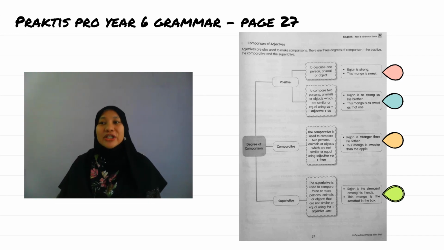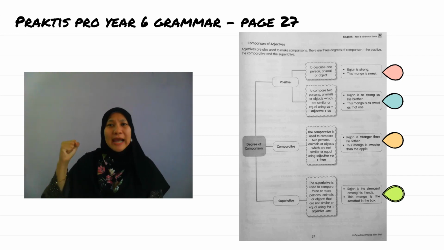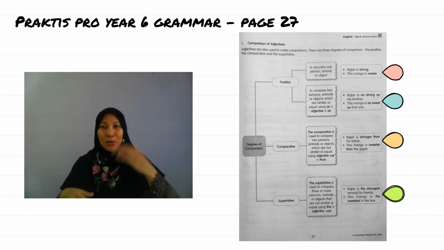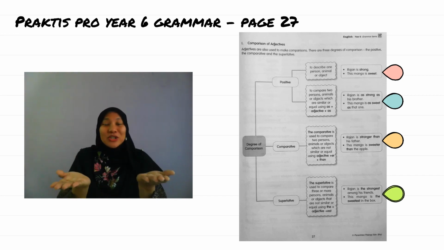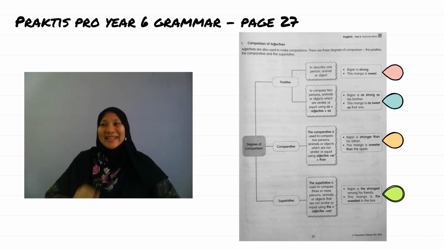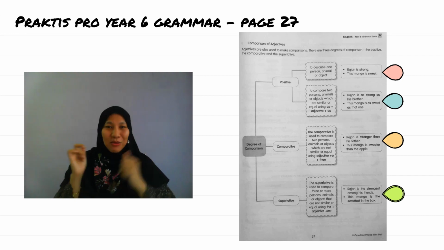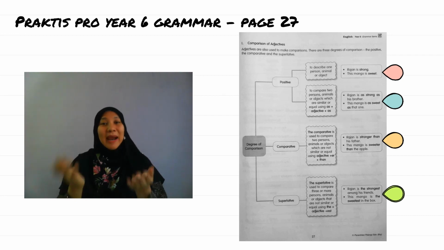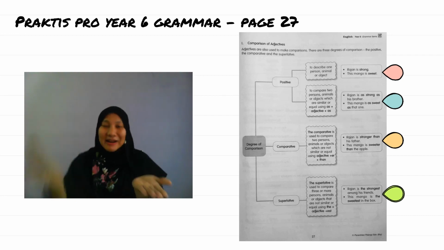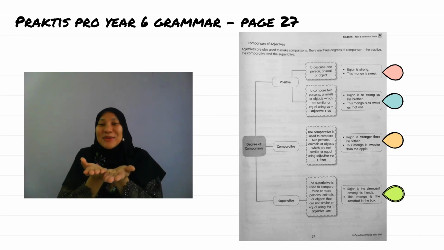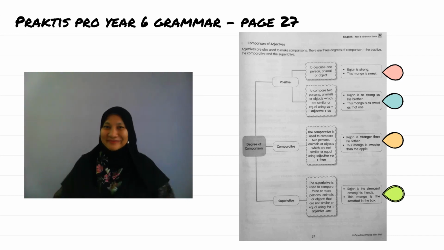Example, Rajan is as strong as his brother. Rajan is equally strong with his brother. The mango is as sweet as that one, meaning they are comparing the mango with another mango, which is equally sweet.